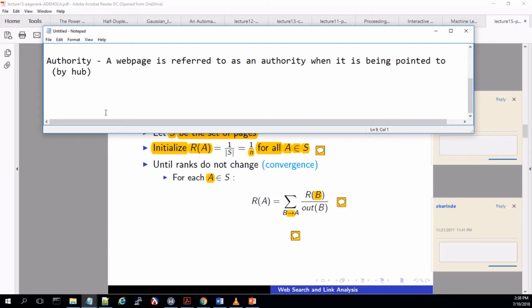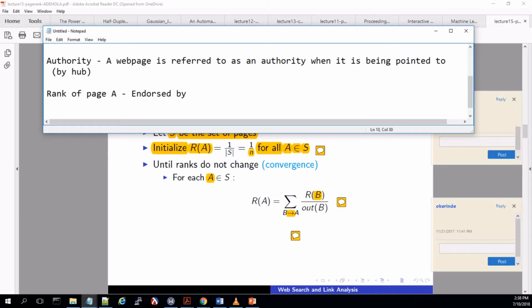We need to know the pages that are giving endorsement to page A. So let's look at the pages that are giving endorsement to page A. It's being endorsed by, or it's being pointed to by.